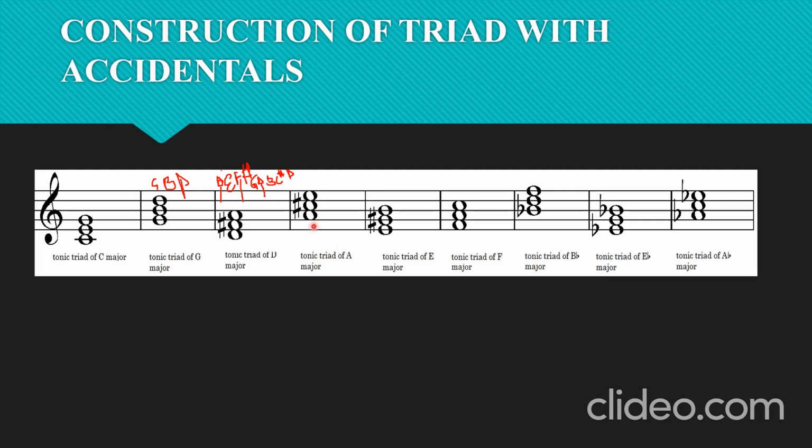If it's the tonic triad, you pick A. A is the tonic, then C sharp will be the third, and then E will be the fifth. Exactly just the way we have done it. And then you study other scales. Study everything here. If you study them very well, it's going to be of help to you. Write out and construct the tonic triad of different keys.